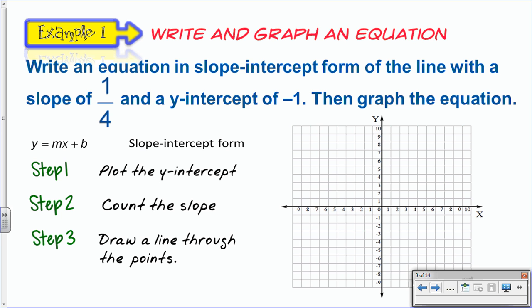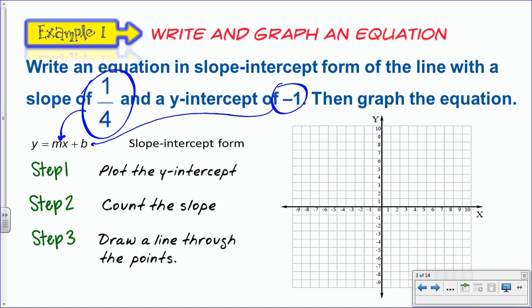No. Do I put anything in for m? What is m? M is the slope, right? So I'm going to take that 1/4 and plug it in for m. Anything for x? What about b? -1. Good. So take that -1 and plug it in for b. So my equation is going to look like this: y equals 1/4 x minus 1.